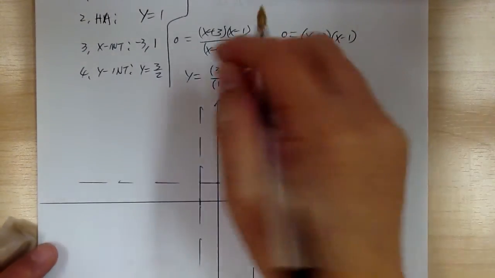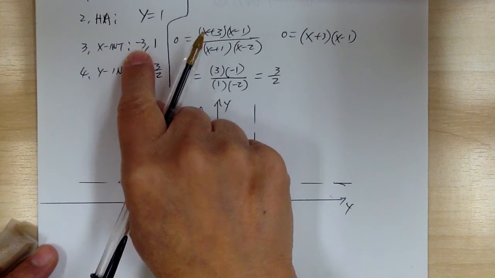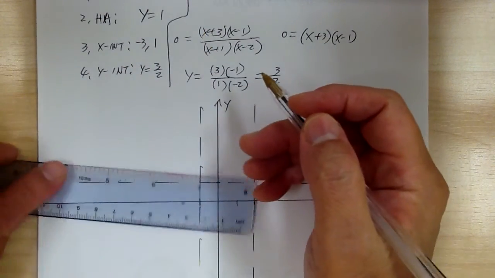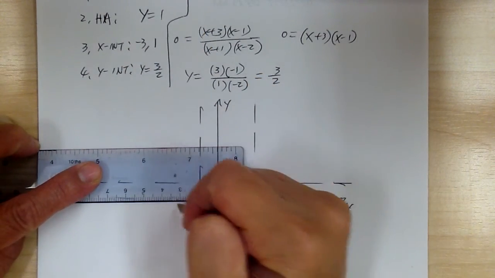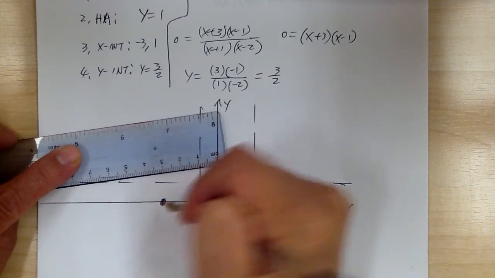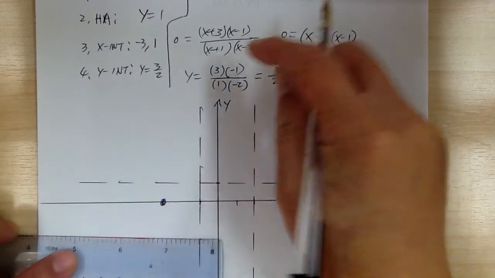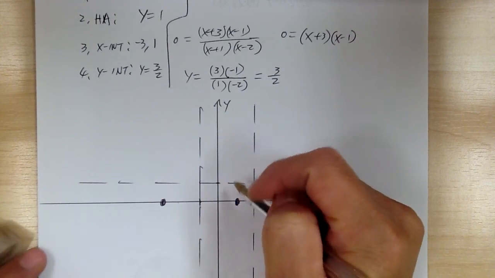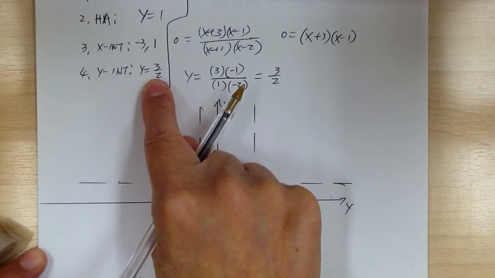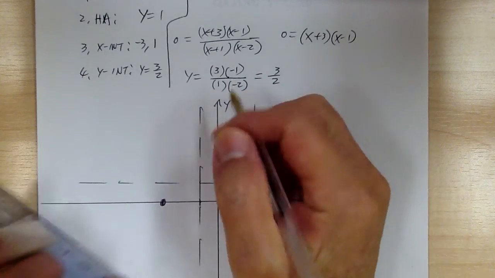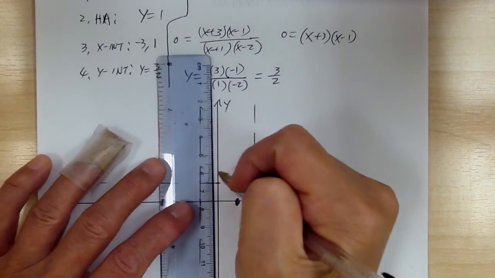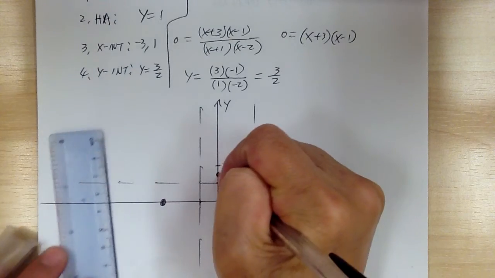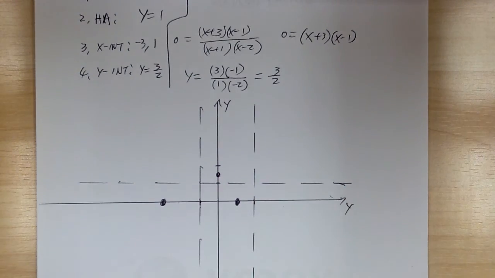Now let's plot the x-intercepts. It's -3, and then you have +1. And the y-intercept is 3/2, which is 1.5, so it's right over here. That's all the information that you have.